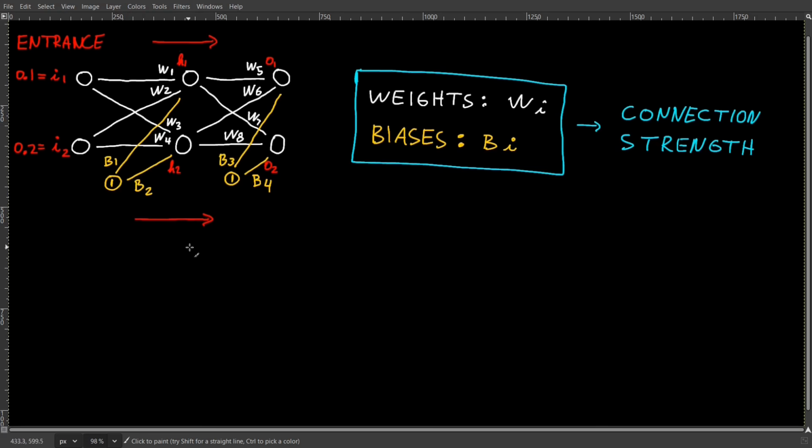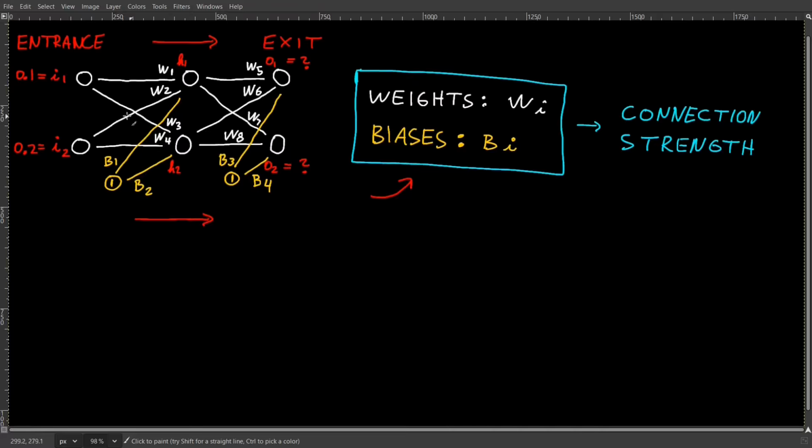As they propagate through the network, in this forward direction, they will somehow be modified, and then the network will output some values at the exit. In other words, O1 and O2 will have some values, and these outputs will depend on the weights and biases in the network.